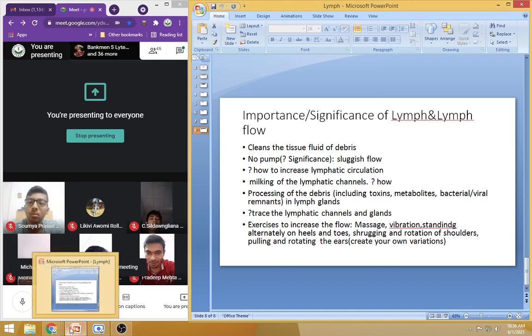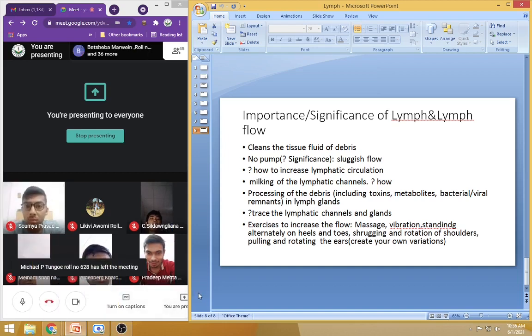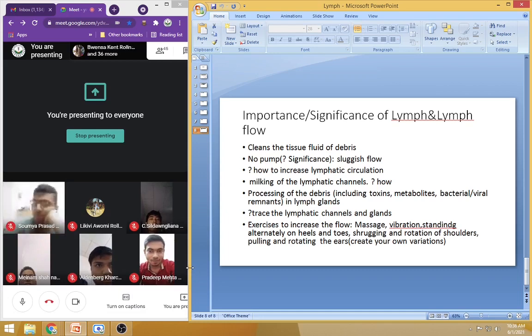But it is very important that this should be made robust, right? The lymphatic circulation has to be increased if you want to clear your system of your metabolites, of toxins, and you have to remain fresh.